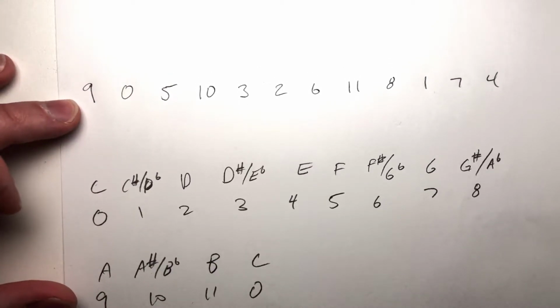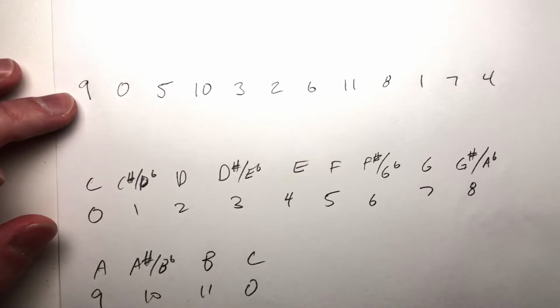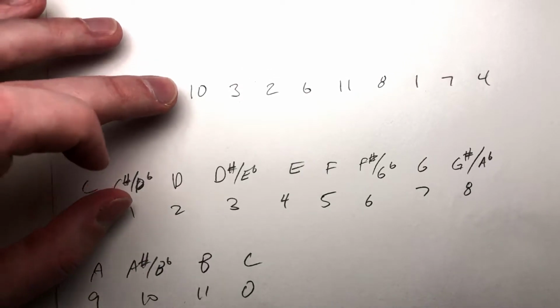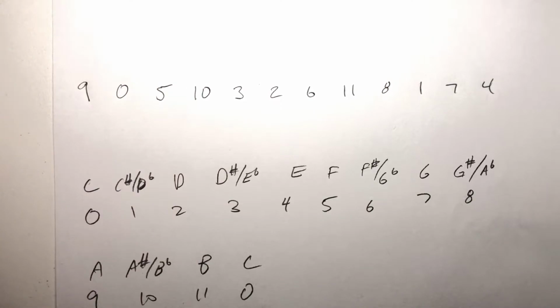It doesn't matter which version of sharp or flat you use, like when we get to 10, we've got to pick A sharp or B flat. Doesn't matter which one, but just keep it the same way in your matrix, whichever one you pick.